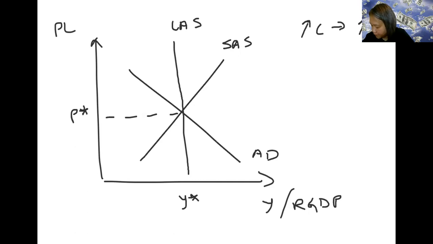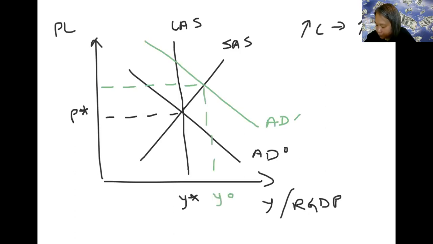So we have our AD0 and AD1. Now what happens? You're going to see that the economy is operating at a point that is above our Y star. So this would be an example of demand pull inflation.